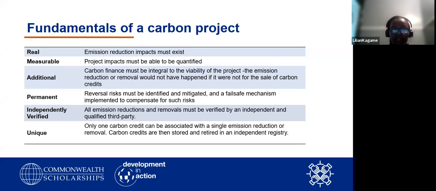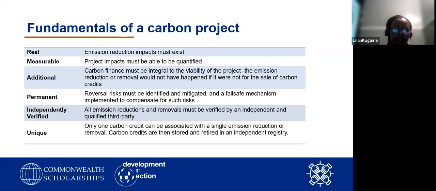It must be measurable, so you must be able to measure, and we do this using approved tools and approved quantification calculations. Of course, you first have to assess the baseline. The baseline is where you check the situation before you started implementing the project. And once you do that, you set some baseline parameters.